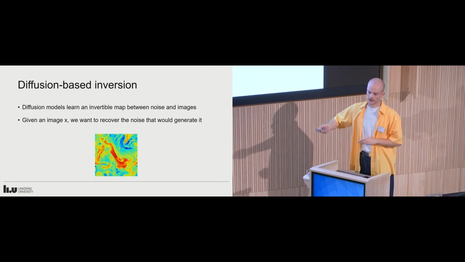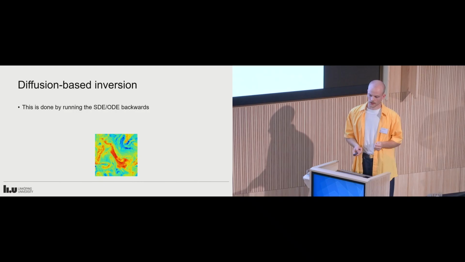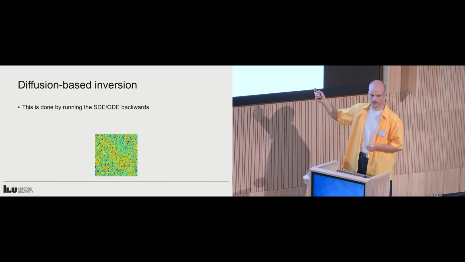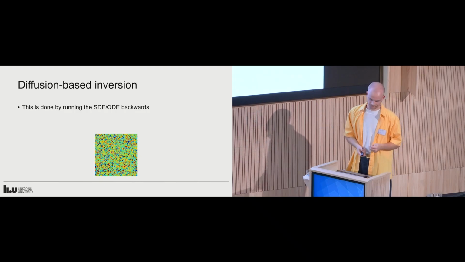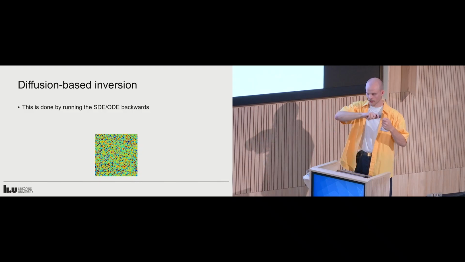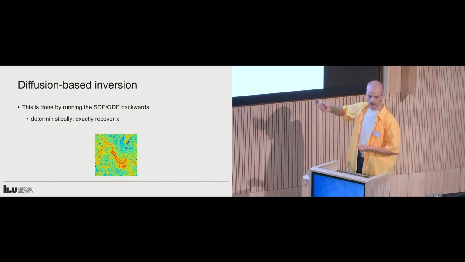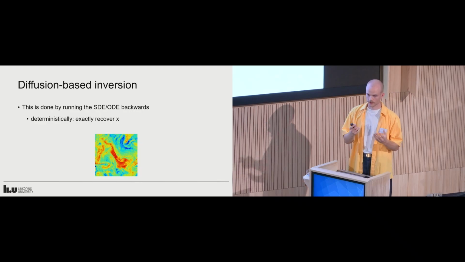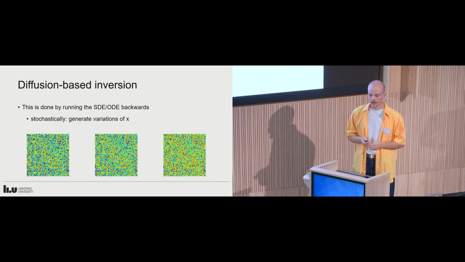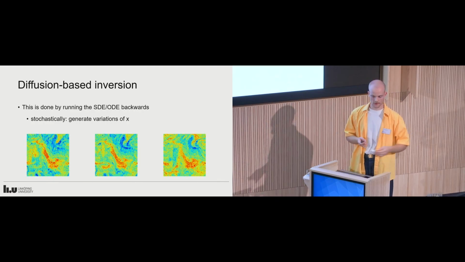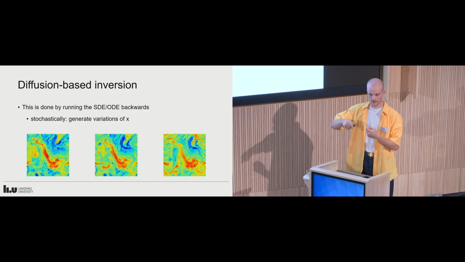And it turns out that this is very simple to do. All you have to do is just run this SDE or ODE backwards in time. And then by running it again forwards, you can either exactly recover the forecast by doing it deterministically, or generate variations of your forecast by doing this in a stochastic fashion.